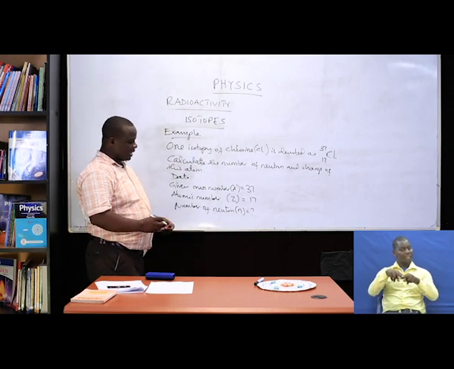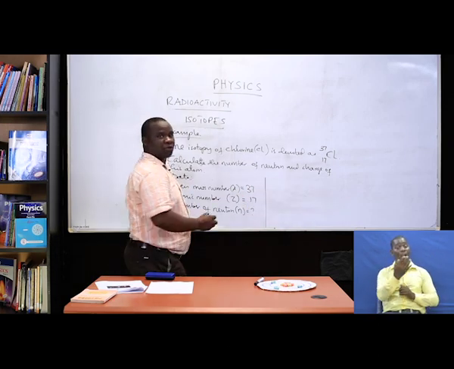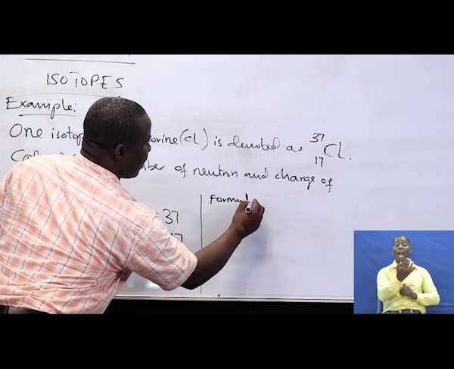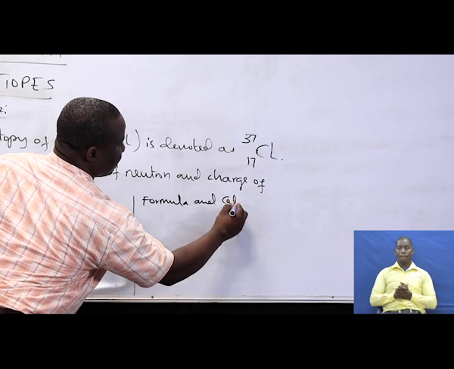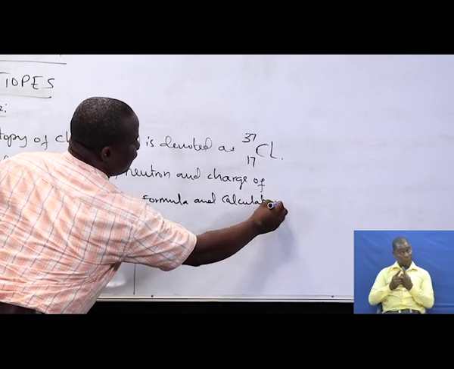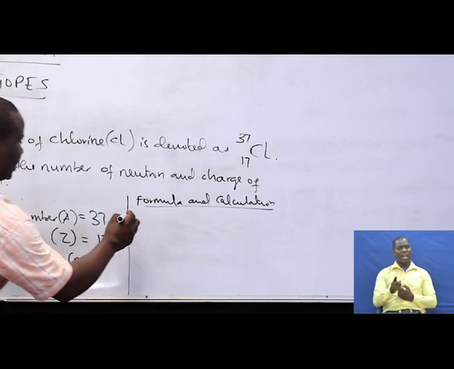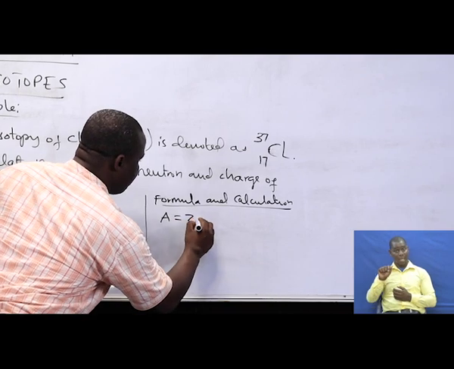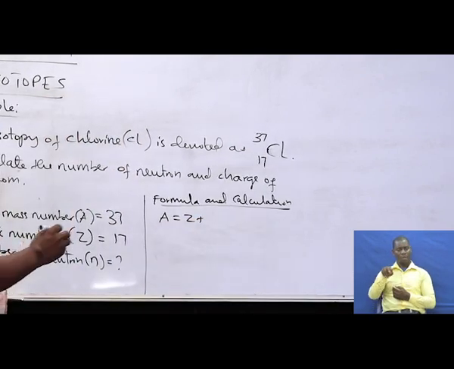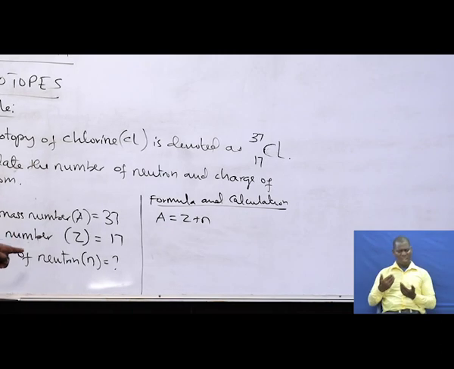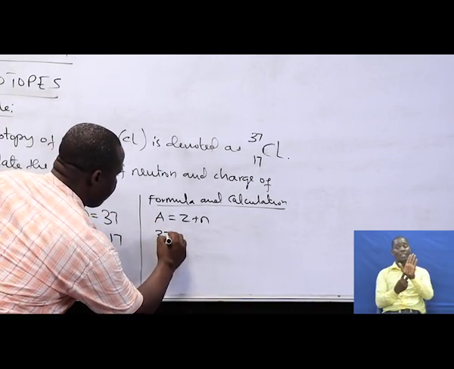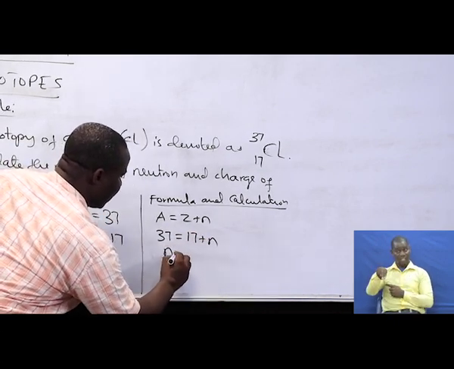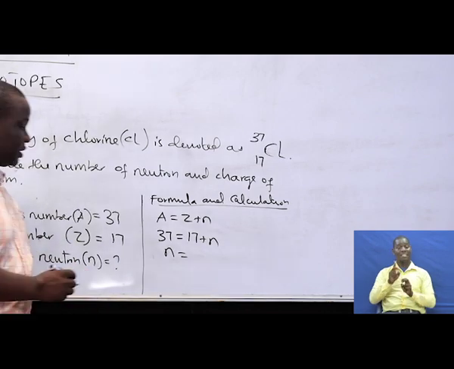Now, if we make a column for formula and the calculation, we are going to have the following: we said that atomic mass, which is A, equals the atomic number, which is Z, plus the number of neutrons, which is N. Now, since we have 37 equals Z, which is 17, plus N, you can make N the subject of the formula, and you can find the answer, which is what?